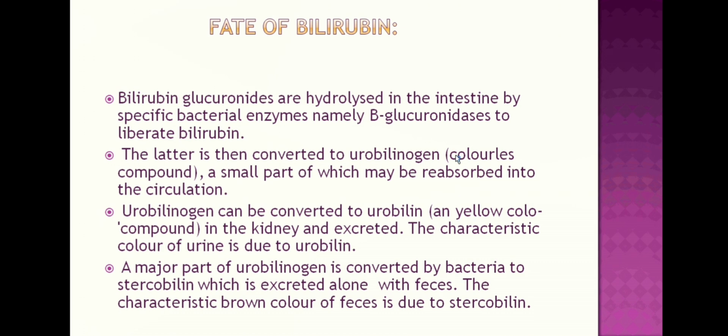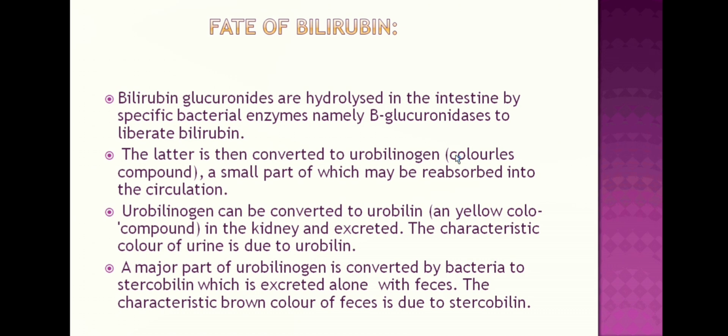Urobilinogen can be converted to urobilin in the kidney and excreted. The characteristic color of urine is due to urobilin. A major part of urobilinogen is converted by bacteria to stercobilin, which is excreted along with feces. The characteristic brown color of feces is due to stercobilin.